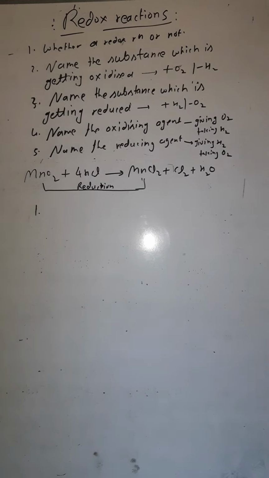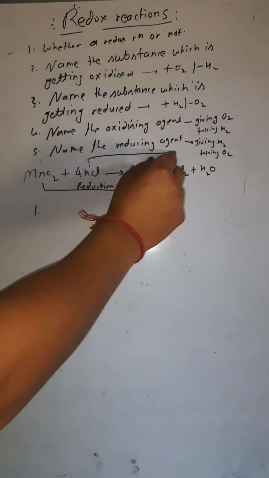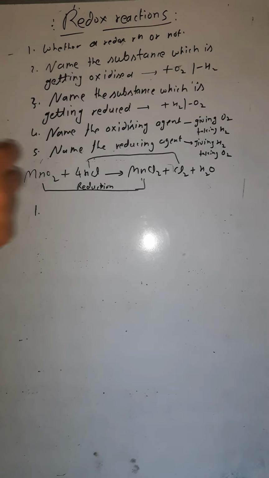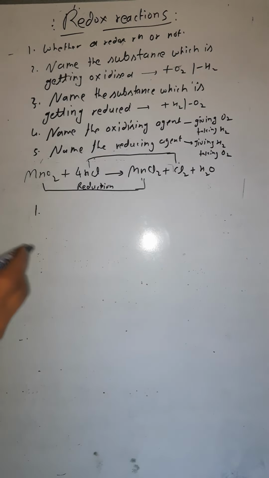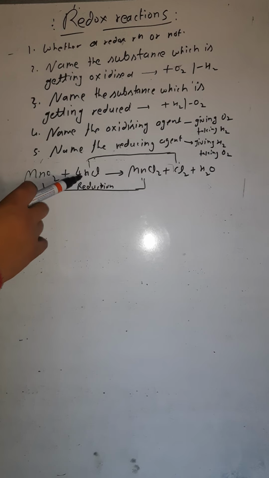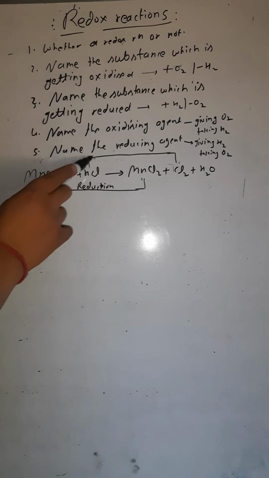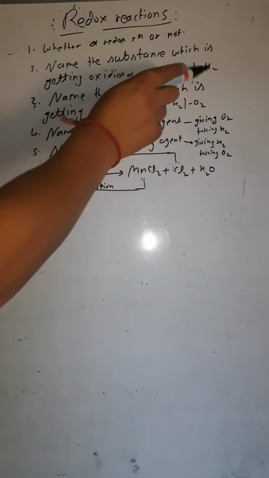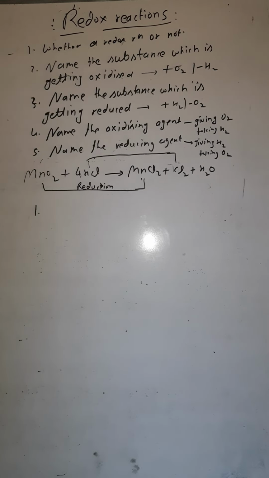Are you getting it? And HCl is now becoming Cl. Look here, HCl is becoming Cl. Earlier there was hydrogen, now there is no hydrogen. Where there is removal of hydrogen, it is called oxidation.